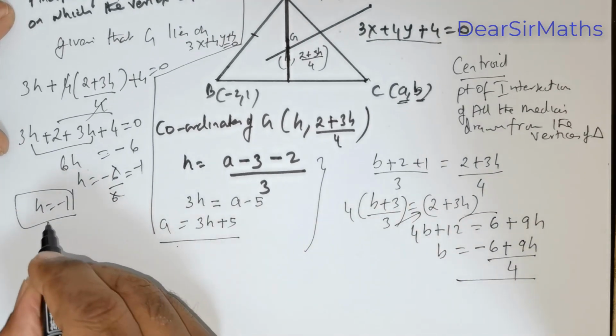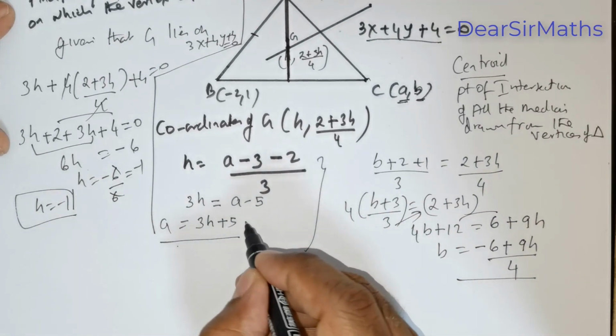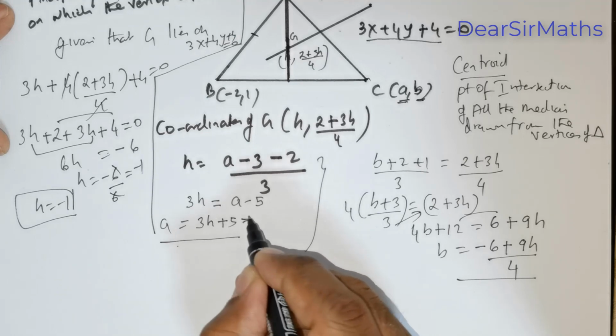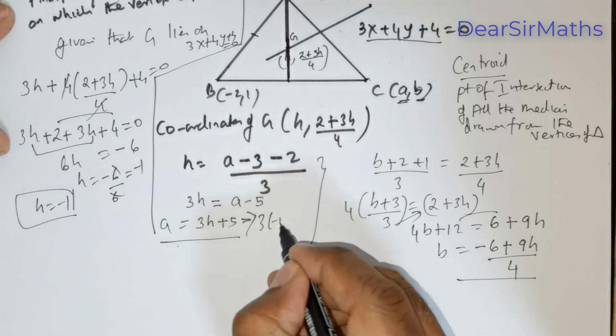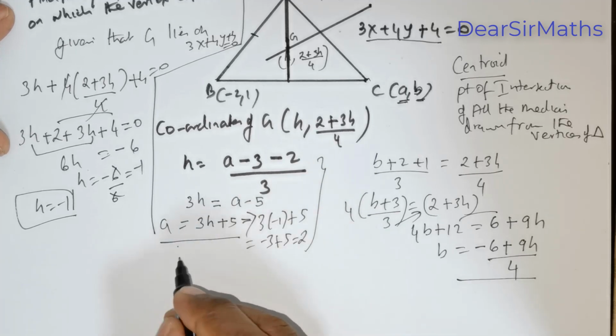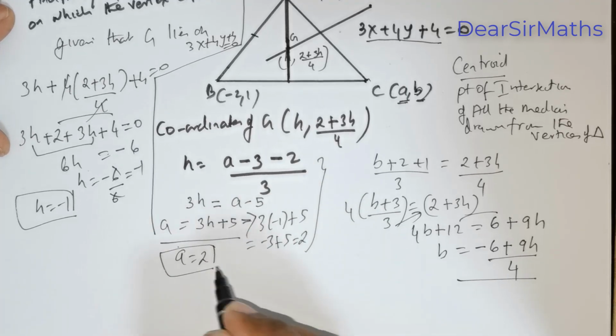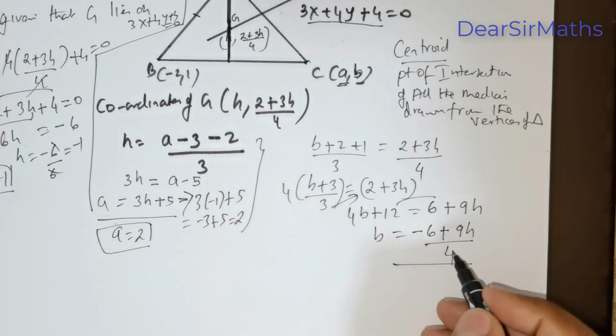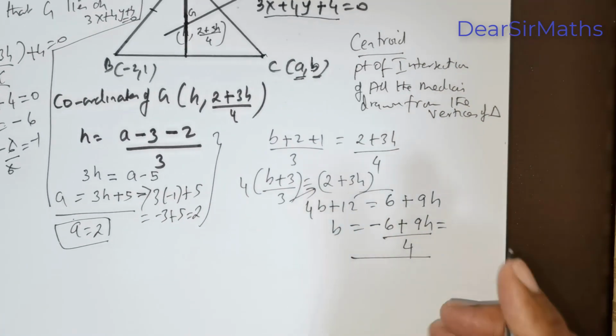Now since I've got the value of h to be -1, substitute it over here. So this can be rewritten as 3 times -1 + 5, which is -3 + 5, which is equal to 2. So a has got to be 2. Then substitute the value of h.